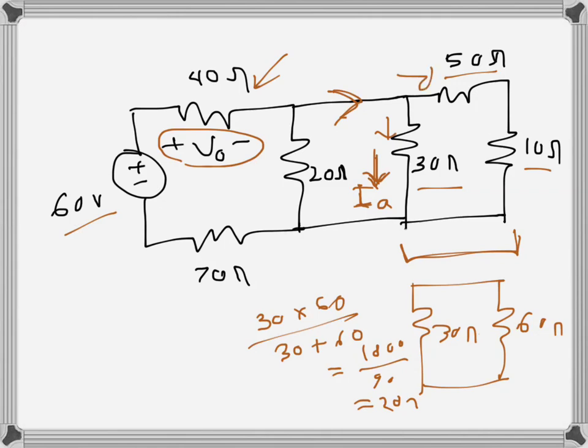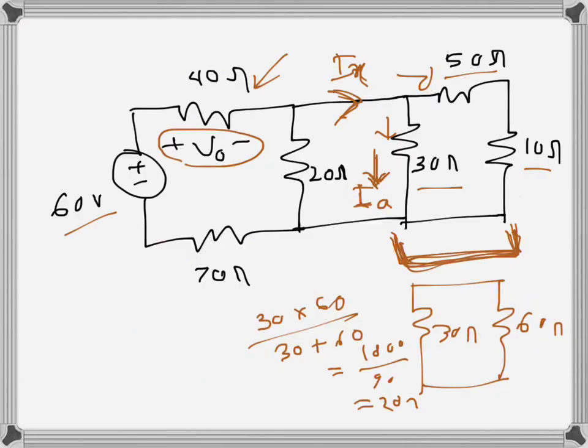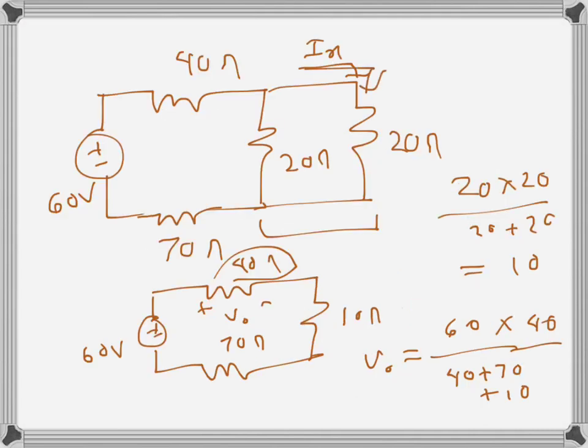Let's call it IX. It goes through a branch that is equivalent of those two branches, and it is not the current that we want. We want this current, but in order to find that, we need to find this current first.